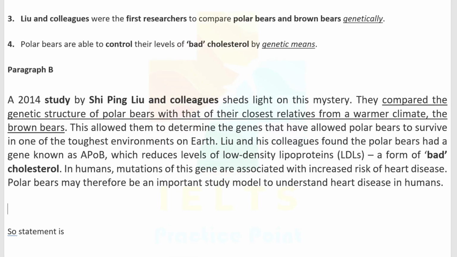The keywords of the fourth question we have got at the middle of paragraph B. Liu and his colleagues found the polar bears had a gene known as ApoB, which reduces levels of low-density lipoproteins, LDLs, a form of bad cholesterol. That means the gene can reduce bad cholesterol.